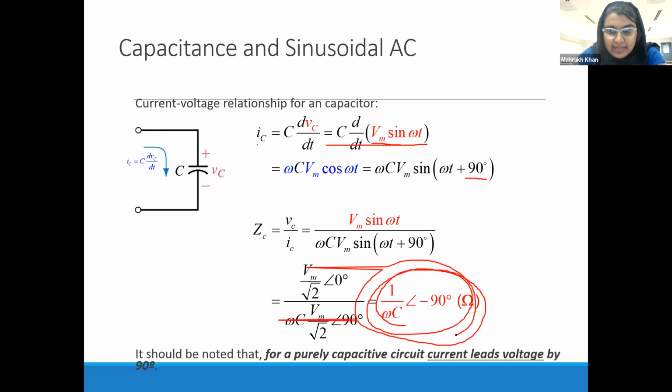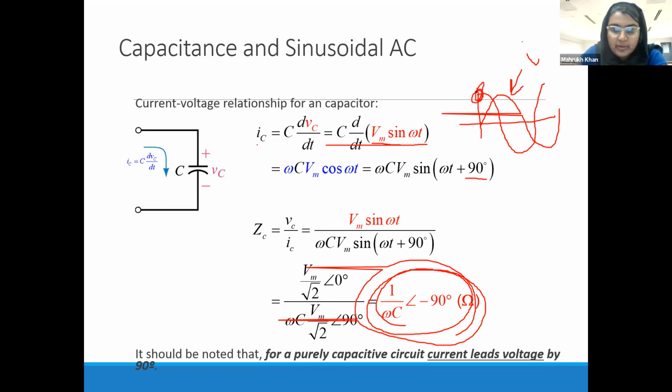Minus 90 means that voltage will be lagging, because current will be leading. So if I draw it here, this is my current, and now my voltage should be this one.